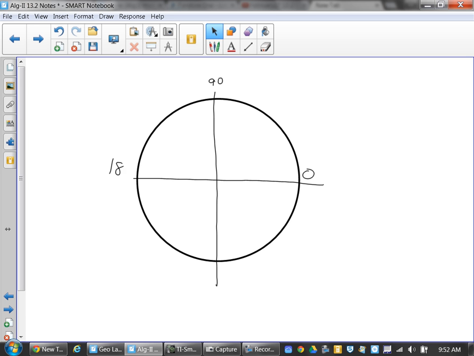This is 270, and then when I come back up to here, we get to 360. Good. Now, if the circumference of a circle is 2 pi times the radius, if I say that my radius is 1, what's my circumference? 2 pi. So my radius is 1. Therefore, 360 equals 2 pi in terms of radians.